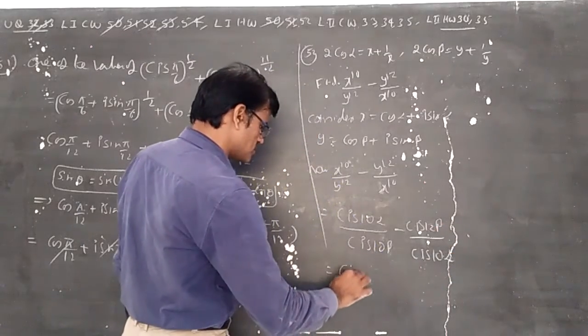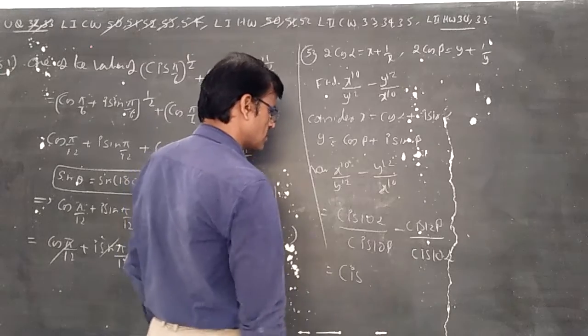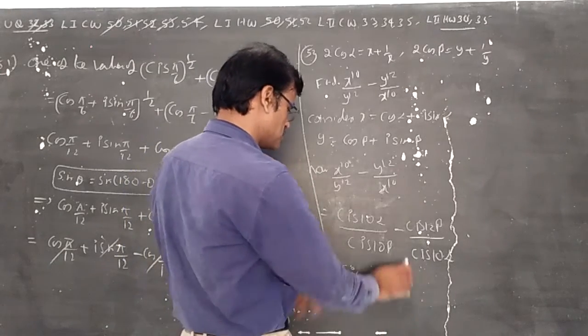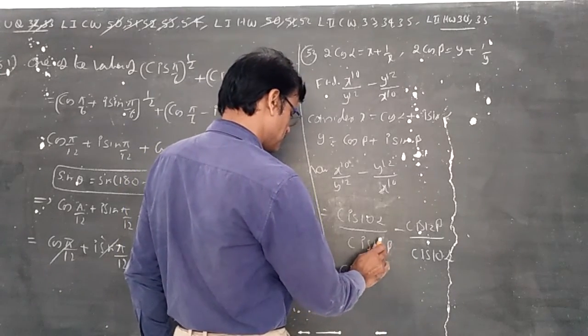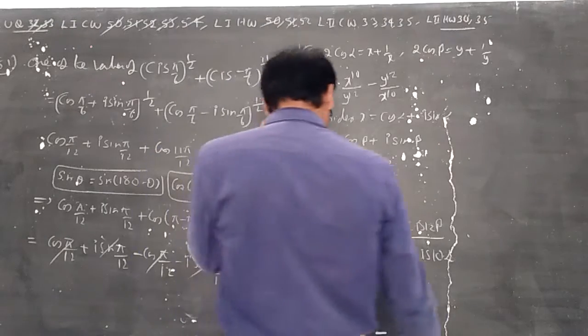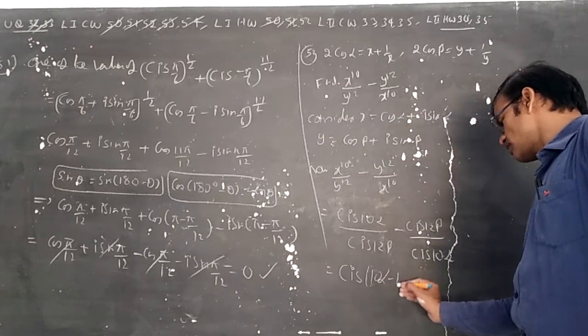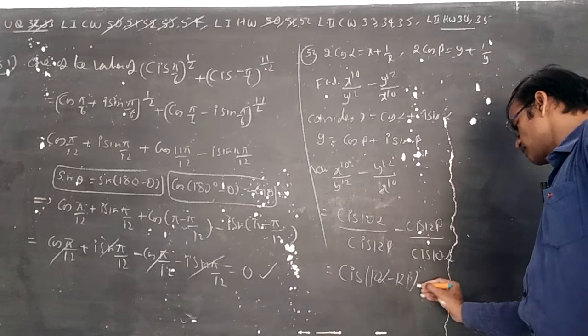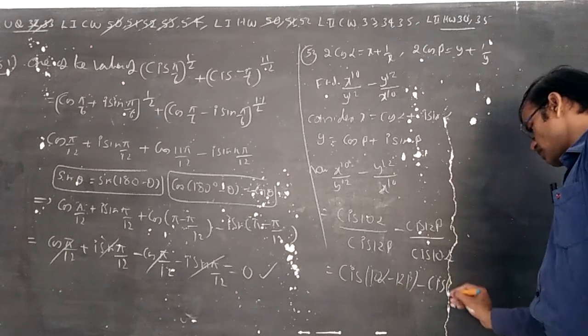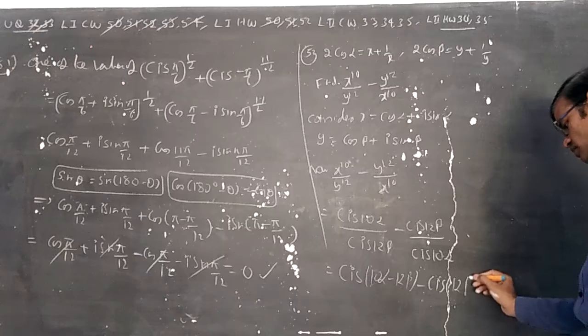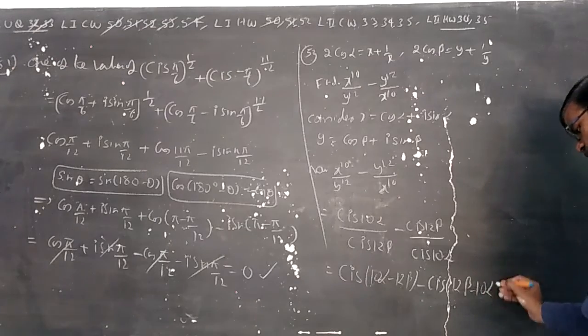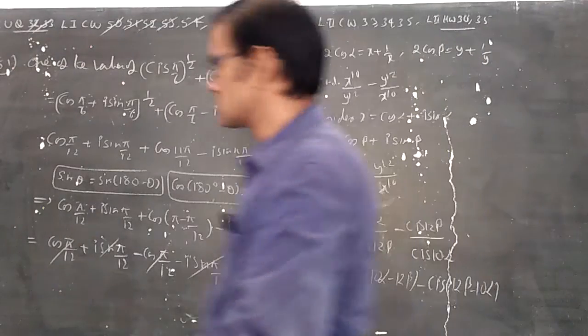That is equal to cis of 10 alpha minus 12 beta, minus cis of 12 beta minus 10 alpha.